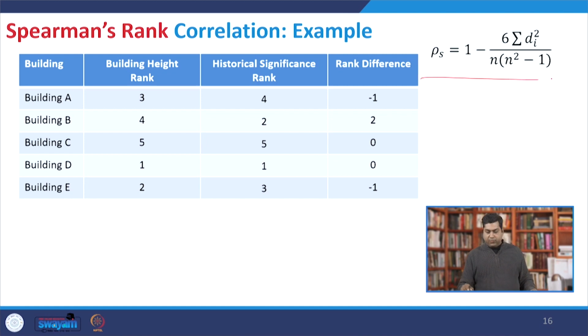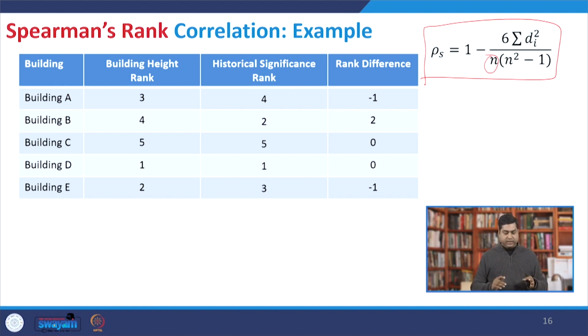So this is the overall formula we need to remember. Here n is the number of observations, which is 5. In the denominator we do not have much complicated calculation. In the numerator you have the difference squared, di square, so we have to find di. From the height data of all the buildings we have to rank.